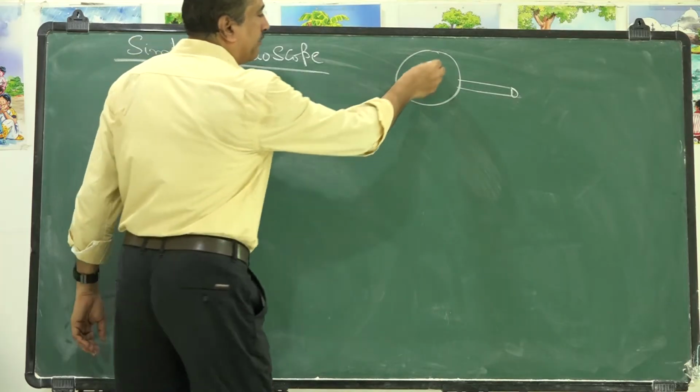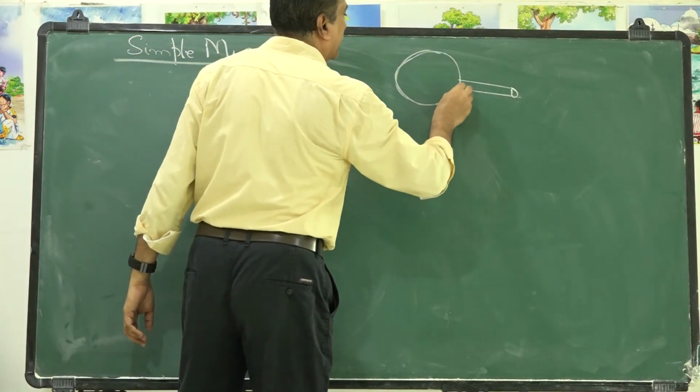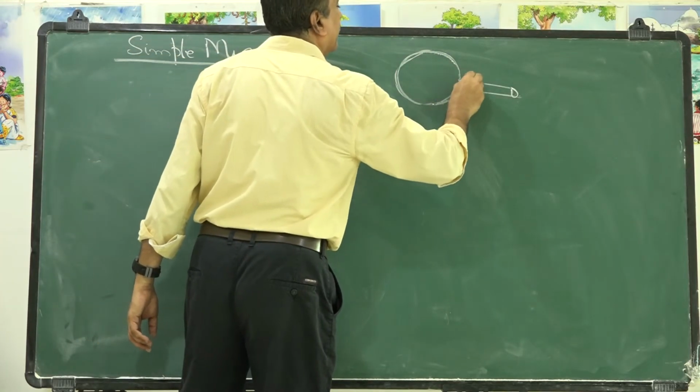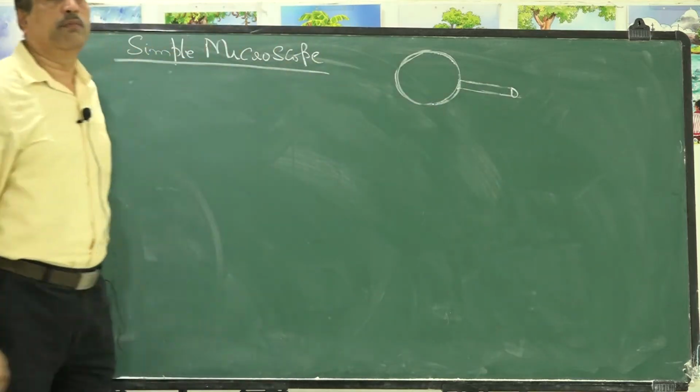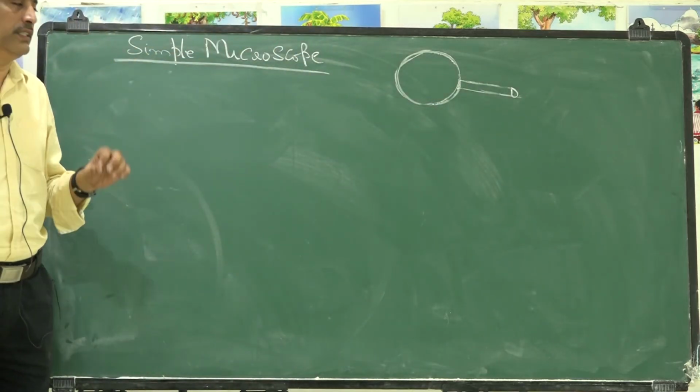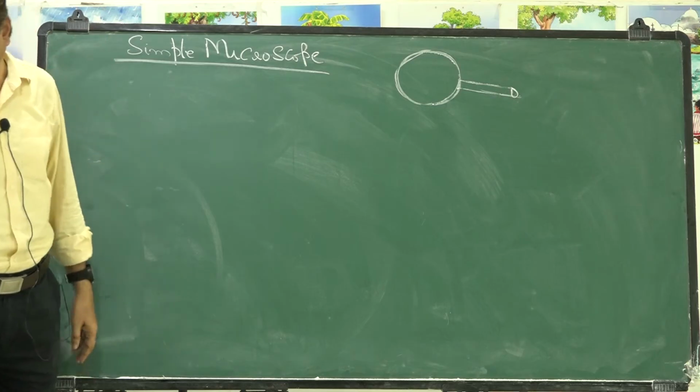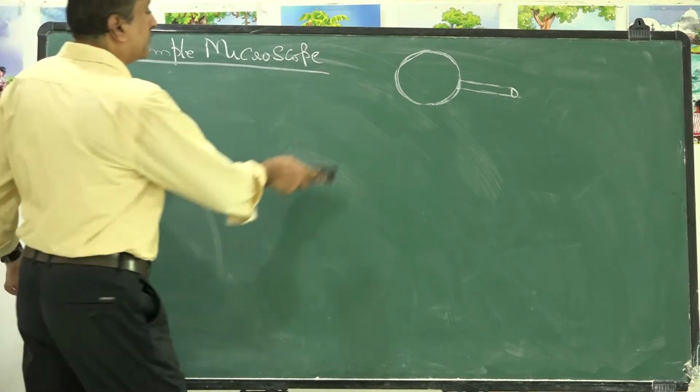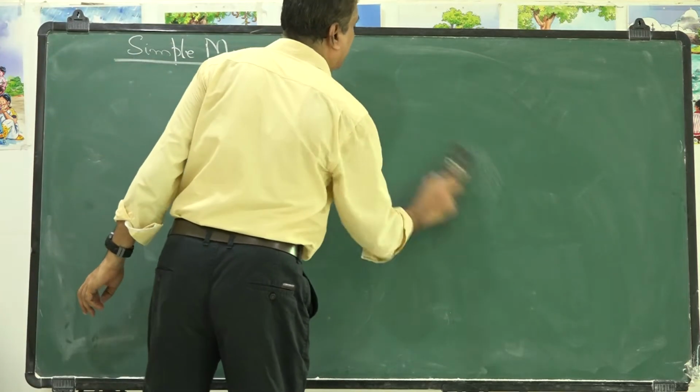So, in this frame, this convex lens is placed and fitted in this frame with a handle, and this is a simple microscope. So, a simple microscope is nothing but a single convex lens. Now, see how it works.